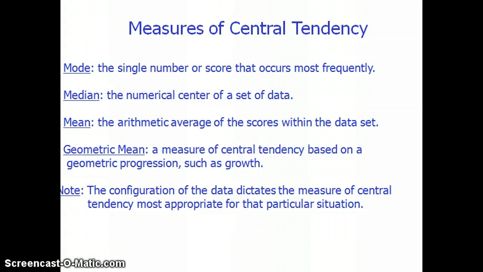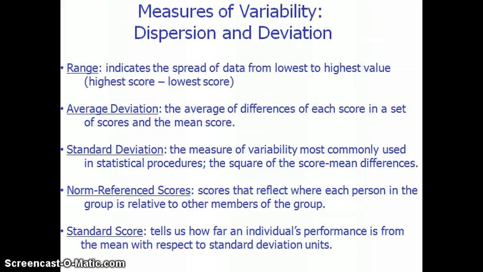Then we have a chance in here to talk about some of the measures that we use as a central tendency: the mean, the mode, the median, geometric mean. Some of the measures that we use for the variability or the dispersion or the deviations are the range, the standard deviation, and the variance.